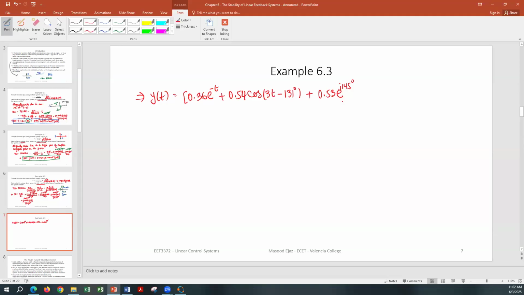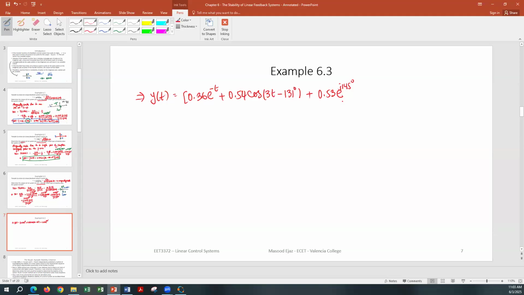And when you do e to the power j145, that's going to be cosine of 145 plus j sine of 145, and this is a rectangular coordinate. You convert it into polar form: cosine squared 145 plus sine squared 145, the magnitude is going to be 1.